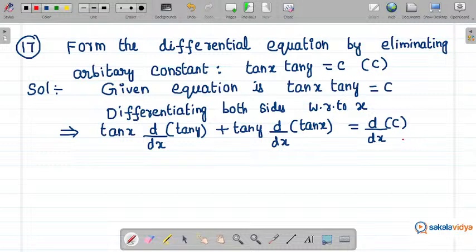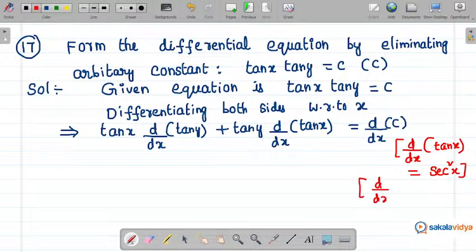Right. So this is a standard result: the derivative of tan x is secant square x. The derivative of tan y is also secant square y, but it's very important that it gets multiplied with the derivative of y, that is dy by dx or y1.